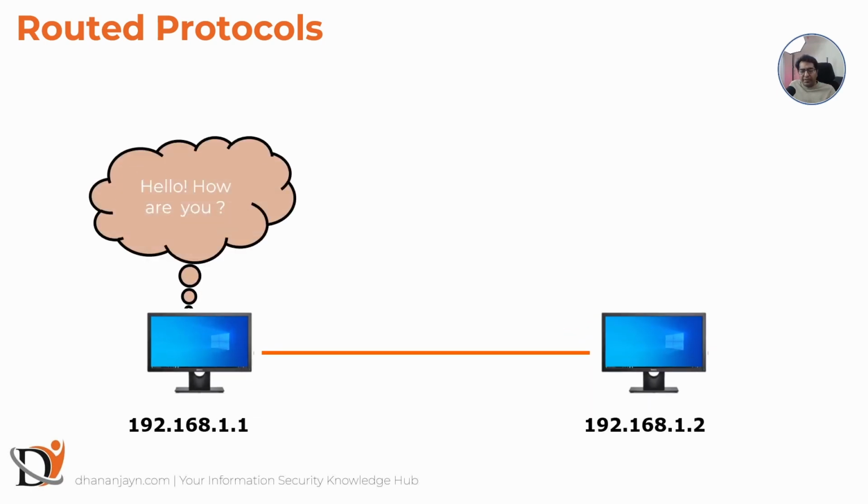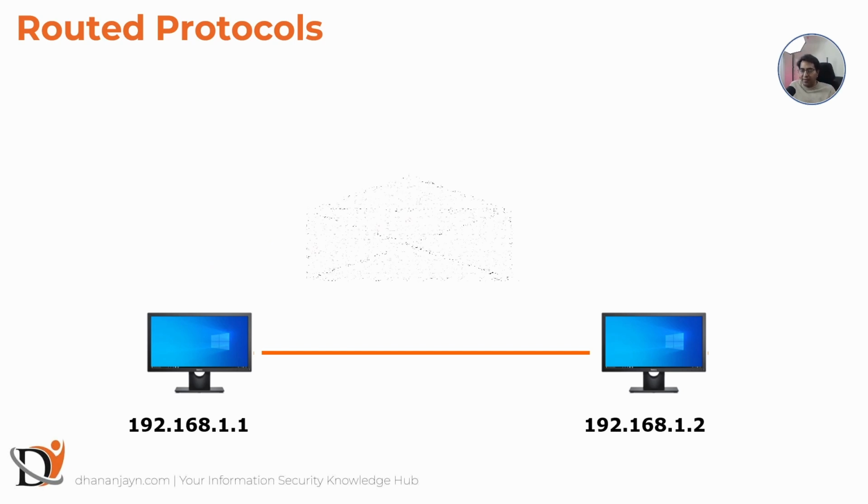For example, you are sending some message from a computer with an IP address 192.168.1.1 to a computer with an address of 1.2. So that's what is currently happening at the network layer. As I said, IP addressing or logical addressing works at this particular layer.